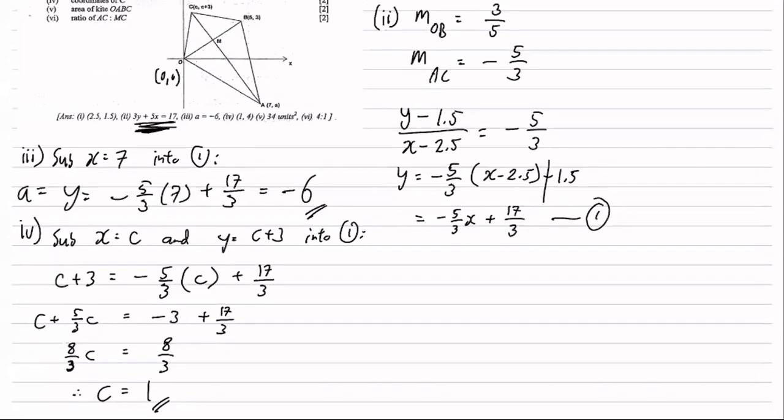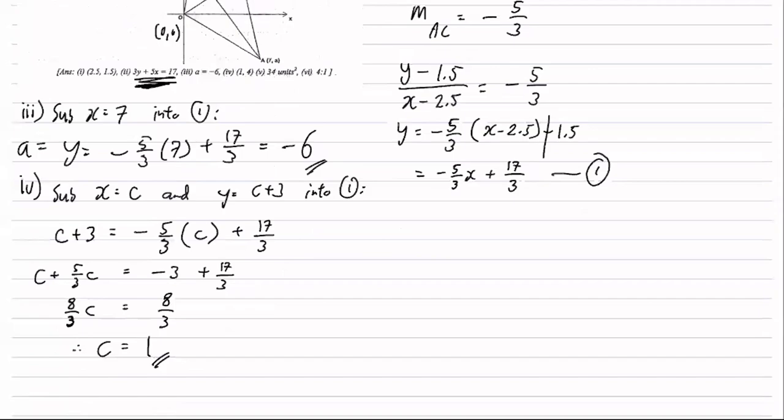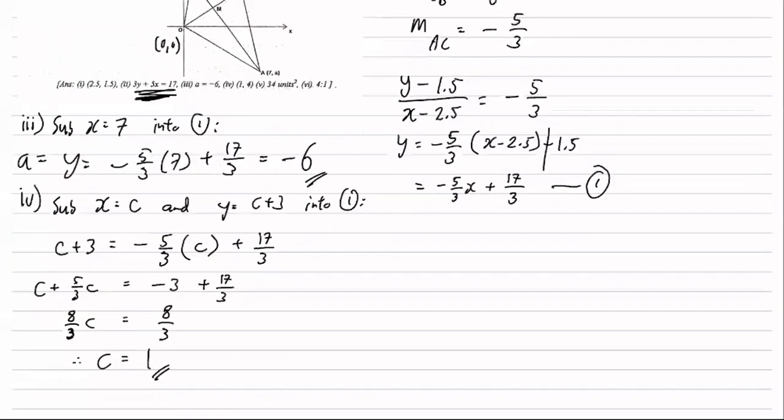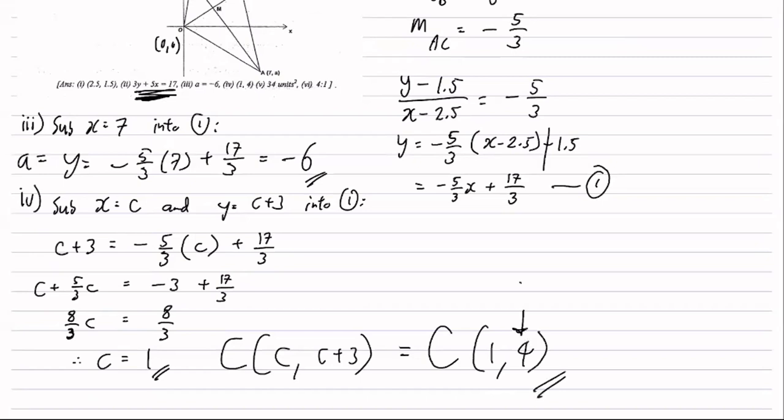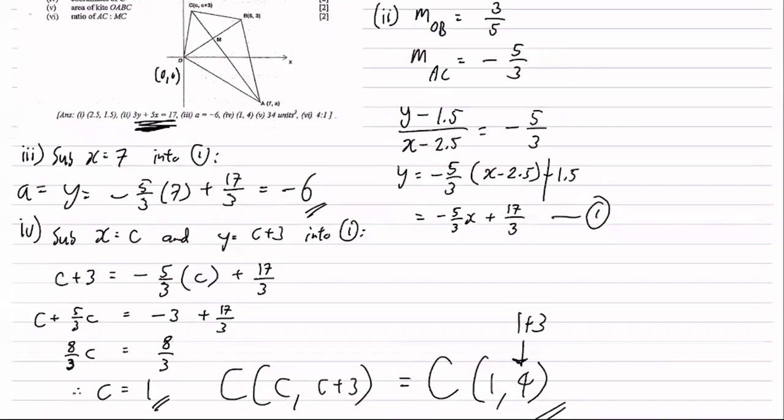Right? Then you have to give me the coordinates. Point C is C comma C plus 3. So it will be 1 comma 1 plus 3, which is 4. Give the coordinates, answer the question. So part 4 done. Let's move on to part 5, area of kite OABC.